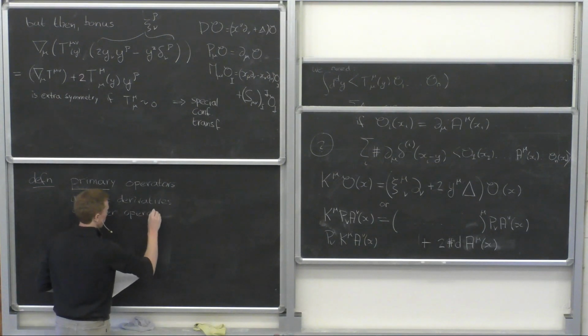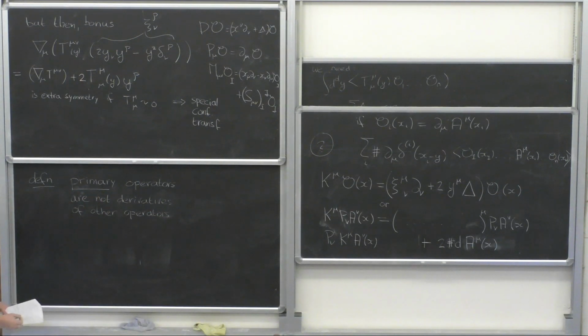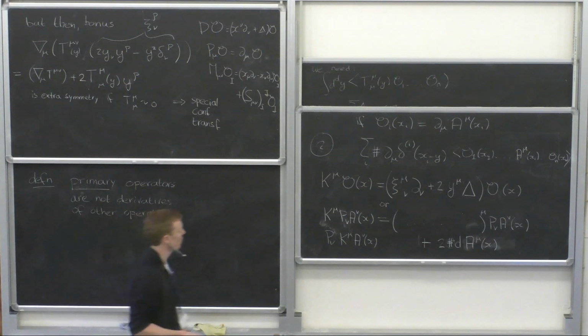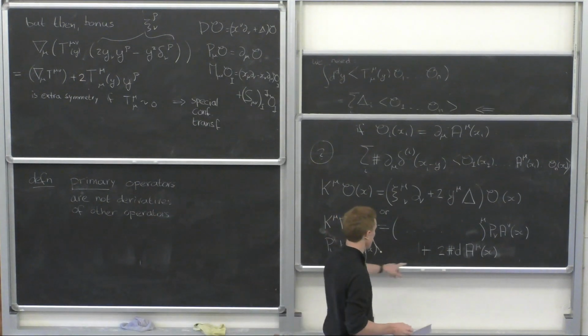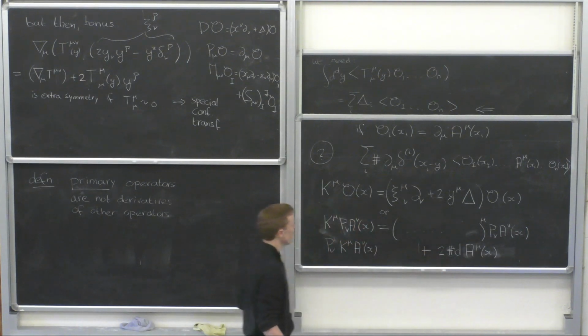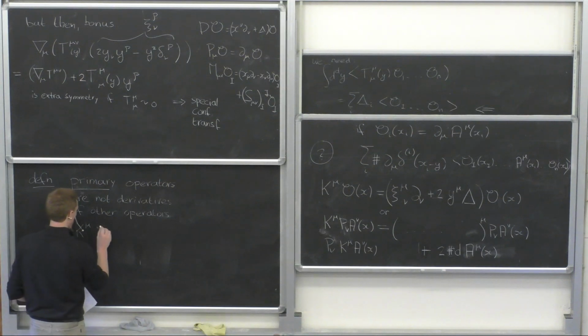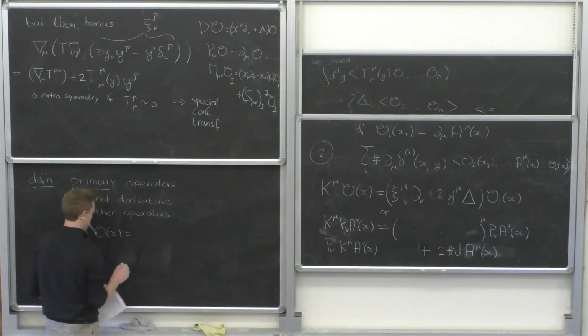I mean, it's a bit more subtle than that. More precisely, I want to say that there's no extra term when you have these k-mus acting on them. You don't get some magic appearing. So I want to say that k-mu on a primary operator is just whatever it is.